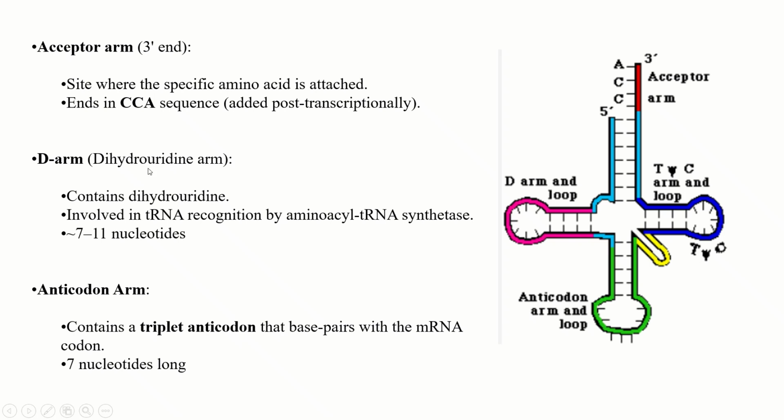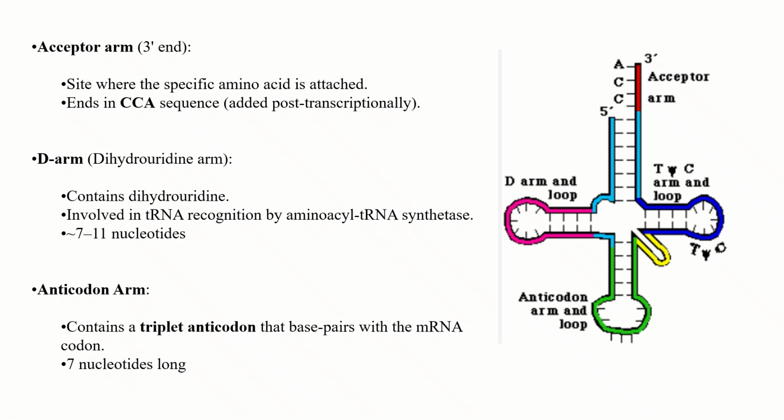Next, we are going to talk about the D loop. The name comes from the dihydrouridine arm because it contains dihydrouridine. It is involved in tRNA recognition by aminoacyl tRNA synthetase, and it has a length of approximately 7 to 11 nucleotides.